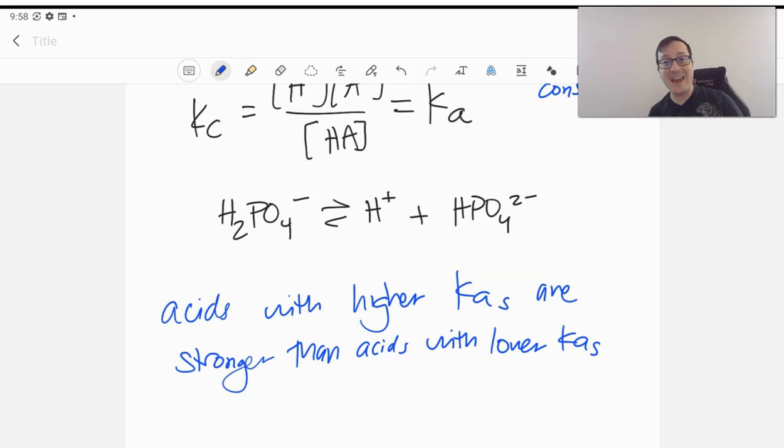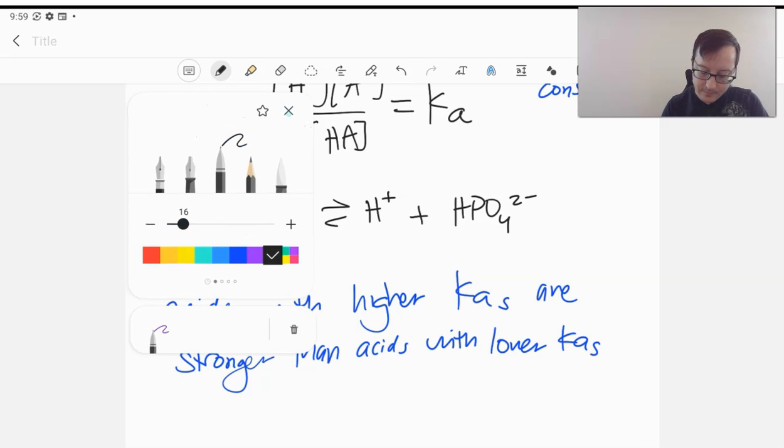So the higher your Ka is, the more acidic you are. And the lower your Ka is, the less acidic you are. And so, with our understanding of how to use equilibrium constants that we studied last chapter, we'll be able to establish the pH and the H plus concentration of a weak acid. Let's take a look.